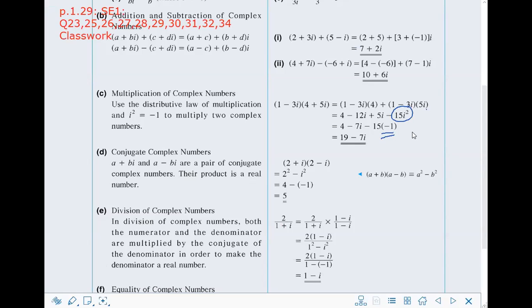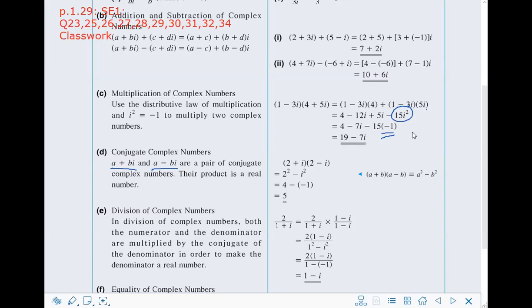Then we have learned a type of complex number called the conjugate. The conjugate of a plus bi is a minus bi, so a plus bi and a minus bi are a pair of complex conjugates. It is very useful when we divide complex numbers.